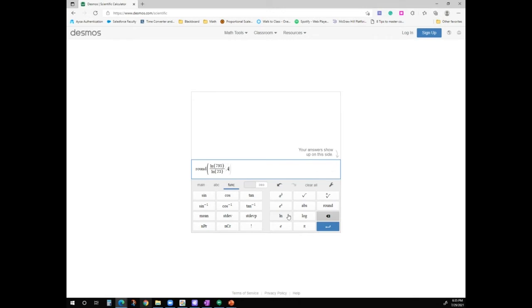If I want 4 decimals, it's a comma, 4, and then you can see that it rounds. So if you're not very good at rounding, instead of using your physical calculator, because I don't know how to make those round, there's probably a way, but Desmos, the scientific calculator, does have a round button, and you just tell it how many decimals you have, and then it will round it for you.